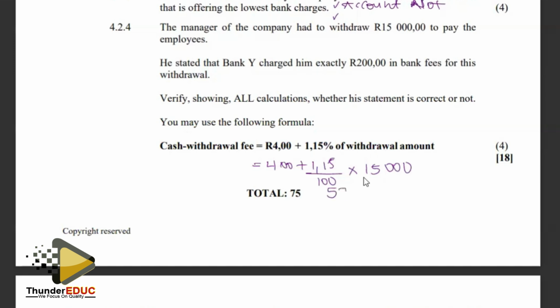So we ended up paying, so we say it's what? Invalid. It's not 200. He ended up paying 976.50.